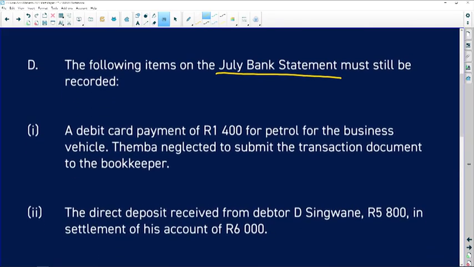Right, information D. The following items on the July bank statement must still be recorded. So information 1, a debit card payment of 1,400 Rand for petrol for the business vehicle. Themba neglected to submit this transaction document to the bookkeeper. So remember, guys, debit card payment is an additional CPJ item.